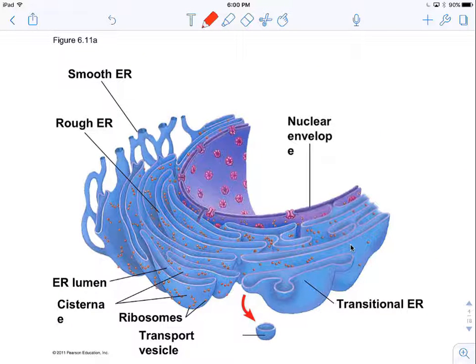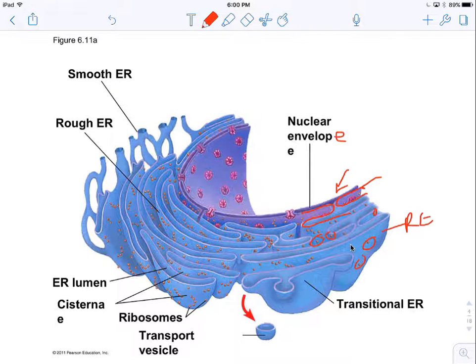Here's a picture of the nuclear envelope, the dark purple, and you can see how the outer membrane of the nuclear envelope is continuous with the endoplasmic reticulum. Then you see this ER that's studded with ribosomes, all these little bumps.